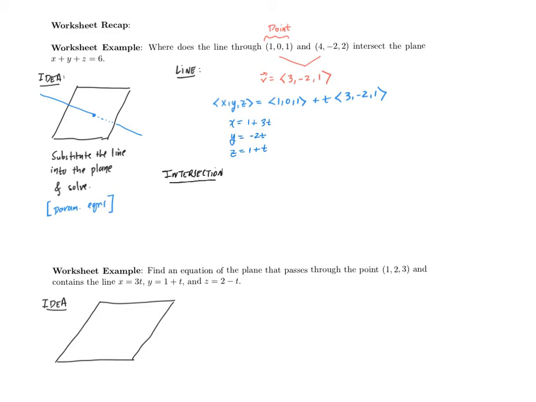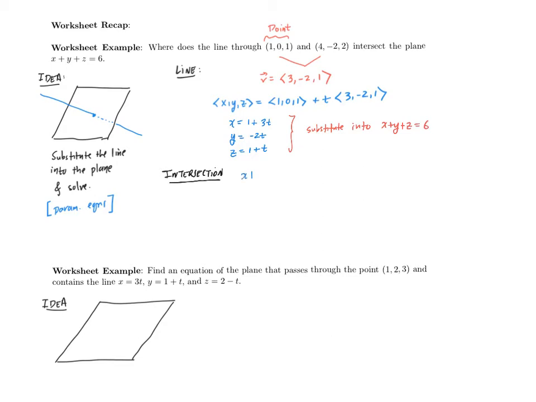And just to foreshadow a bit, the point of intersection is really the key thing that we want to solve for. So we want to substitute into the equation of the plane. So x plus y plus z equals 6.